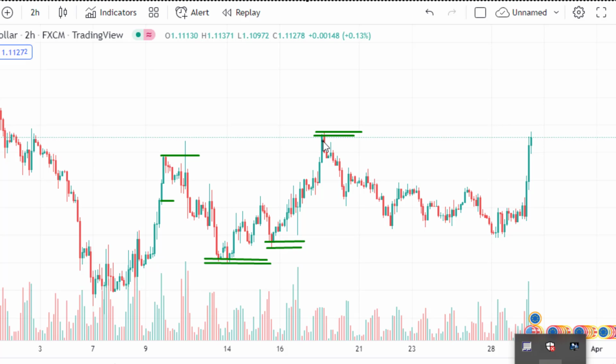So when we can call it a resistance, the market exactly closes here. That means buyers entered the market and closed here. After these buyers, sellers again entered the market and turned the market to the downward direction and got rejected from this above level.